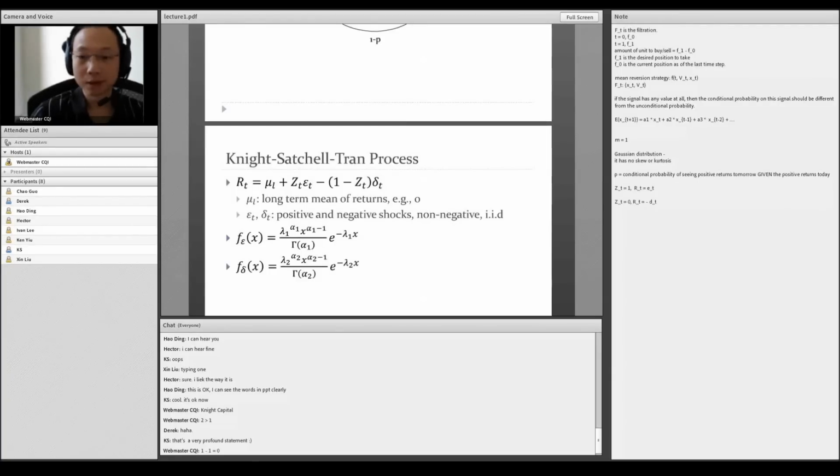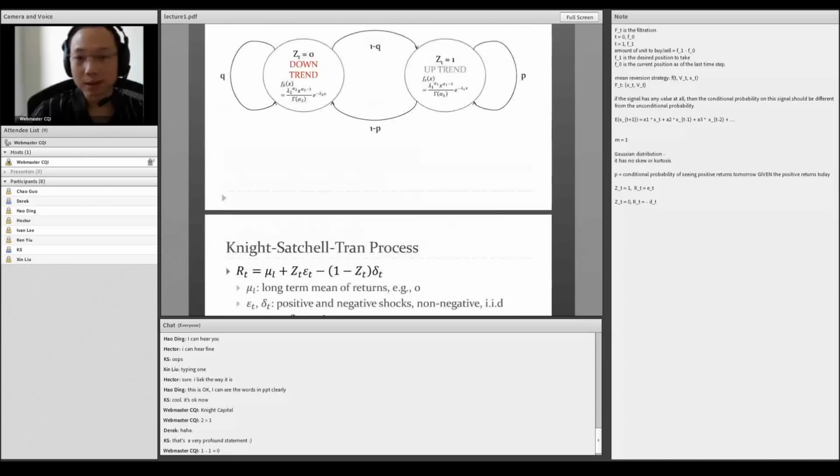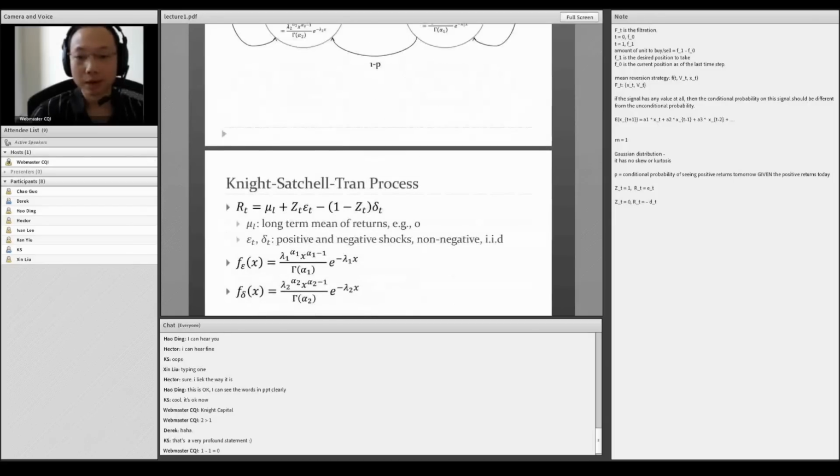So this is a complicated distribution because this is a Markov switching distribution, and this is the equation for it. This is unlike the normal distribution that you see. In Stat 101, usually a distribution is described by one function.